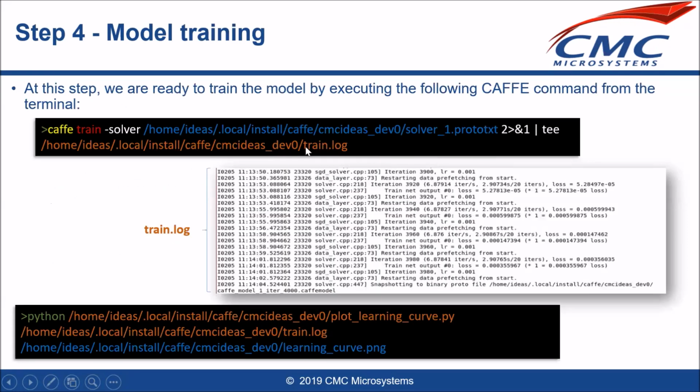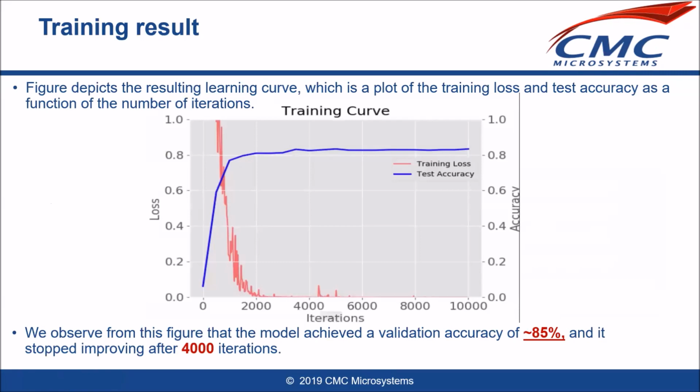Here we save the results of the training in a log file, and we can also see in the terminal the progression of the training. Once the training is completed, we can plot the results graphically with a script that we provide. Here, since we trained this model from scratch, we achieved 85% accuracy after 4,000 iterations.